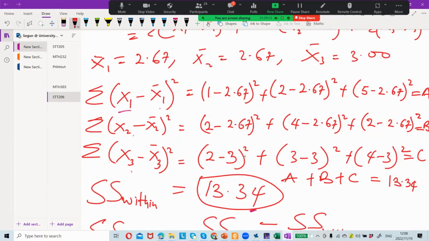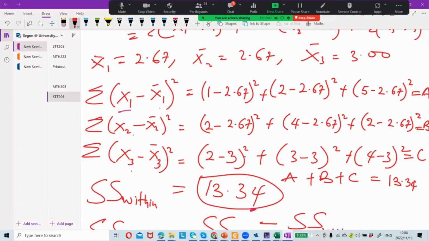She took us through one-way ANOVA and more than one-way ANOVA.